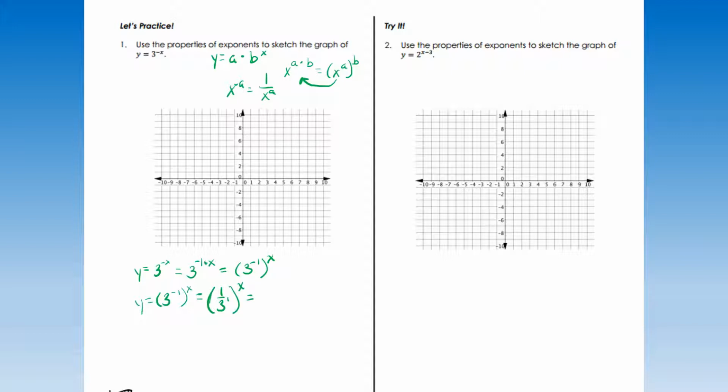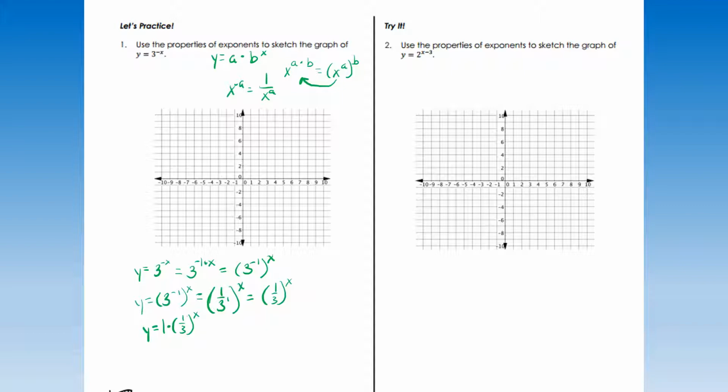And 1 over 3 to the first is the same thing as just 1/3 to the x power. Okay. So I've been able to rewrite my equation here, and now it's y equals 1/3 to the x power. And if I want to write this in y equals a times b to the x, since there's no a term visible, it's understood that that means that's 1 times 1/3 to the x power.